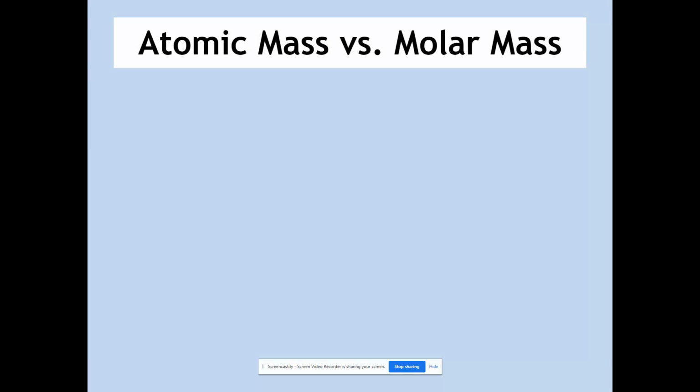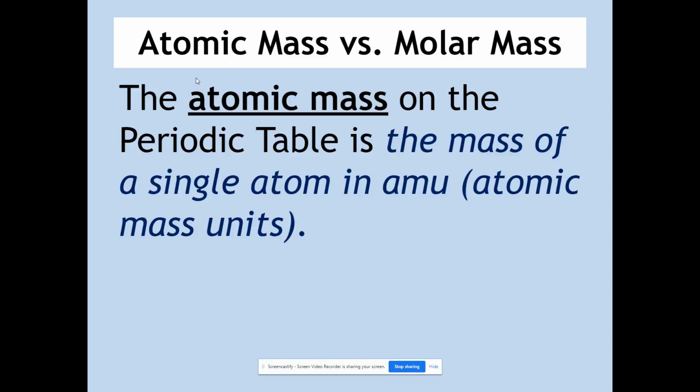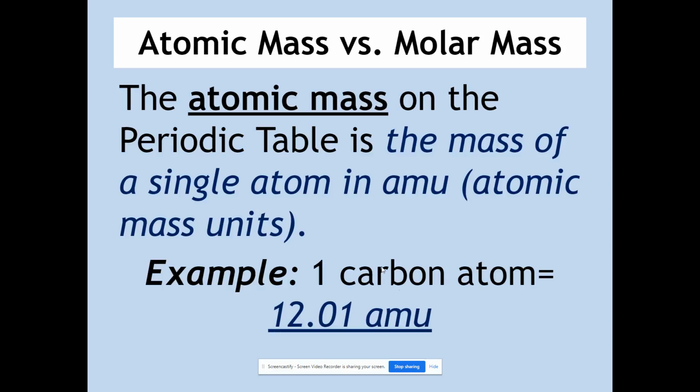So continuing on, let's think about how we can go between atomic mass and molar mass. So the atomic mass on the periodic table is the mass of a single atom in the unit atomic mass units. The good news is that when we use Avogadro's number, converting between the two is actually pretty simple, okay? So atomic mass units, we know that that is the weight of the protons and the neutrons that exist in an atom's nucleus.